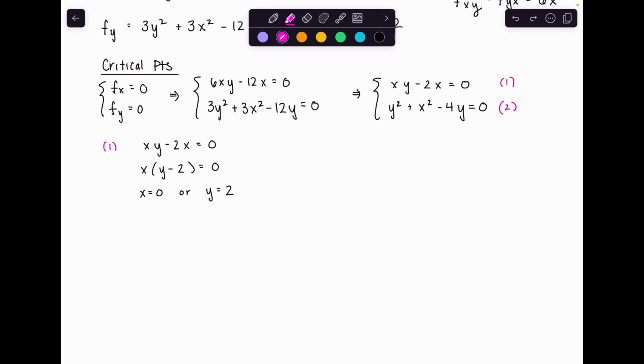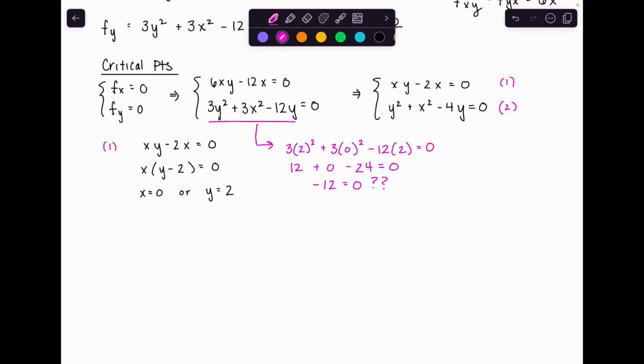Although (0, 2) would make this first equation equal 0, if I were to plug that into here, that would be 3 times 2 squared plus 3 times 0 squared minus 12 times 2 equals 0. Well, that's 3 times 4, so that's 12, plus 0 minus 24. You end up with negative 12 equals 0. Okay?